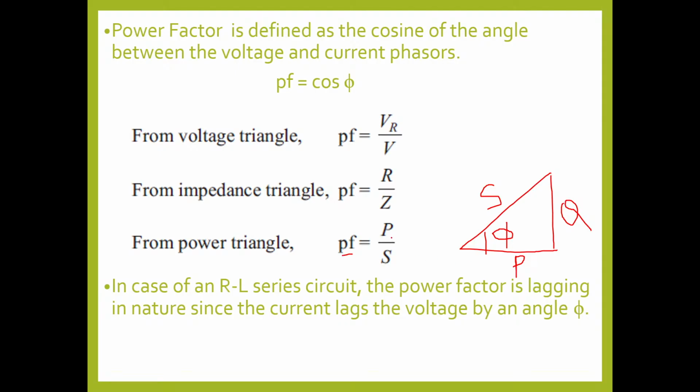Cos phi is base by hypotenuse, that is P by S. Cos phi is equal to P by S. That's it.